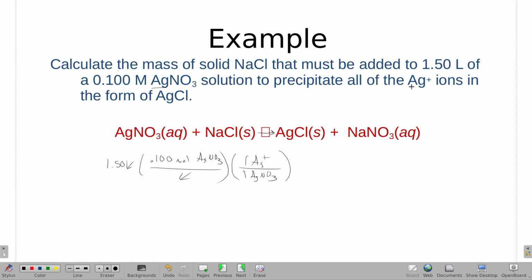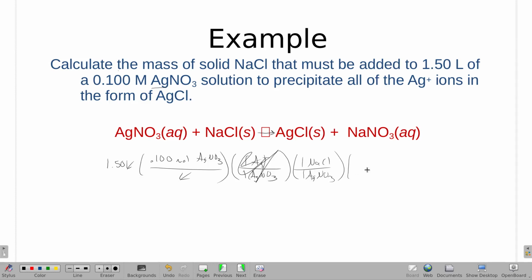But technically, we want to see from our balanced equation, for every AgNO3, we would need 1 NaCl, because that's how our balanced equation shows it. So I'm not going to use that at all. That is telling me how many silver ions in there, but I really want to see that this 1-to-1 ratio is what we're looking for, because that's how we're going to make all the silver precipitate out.